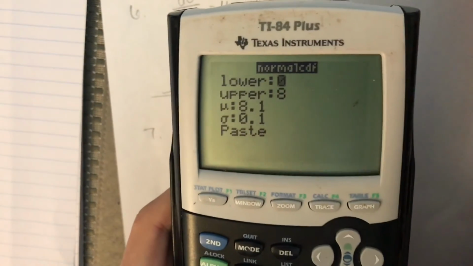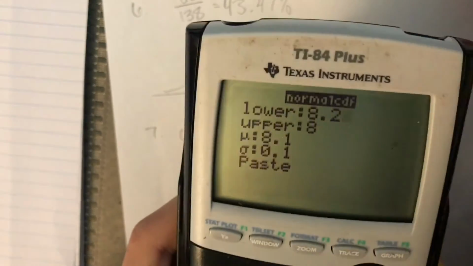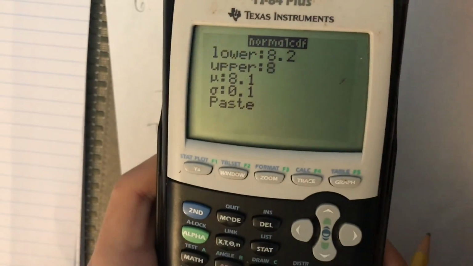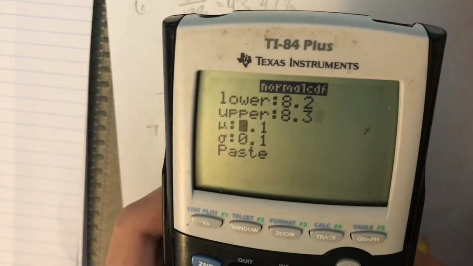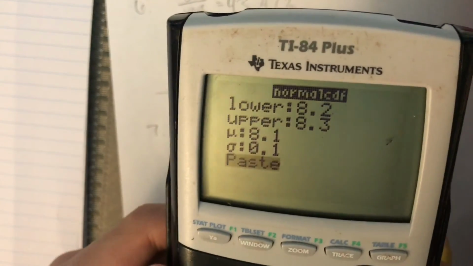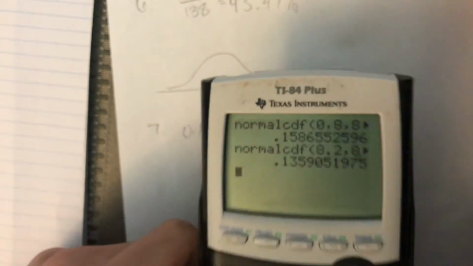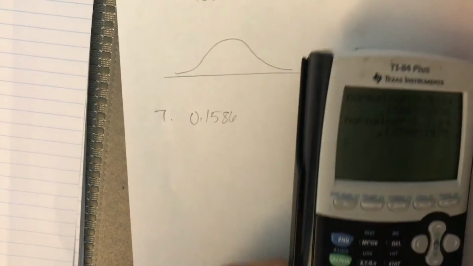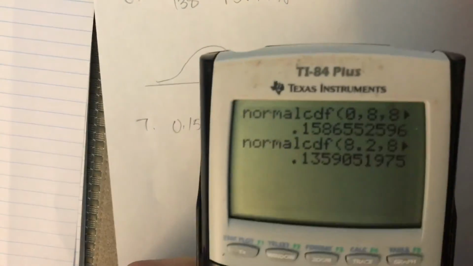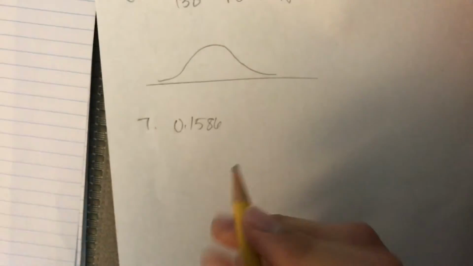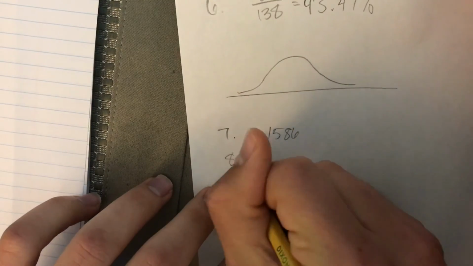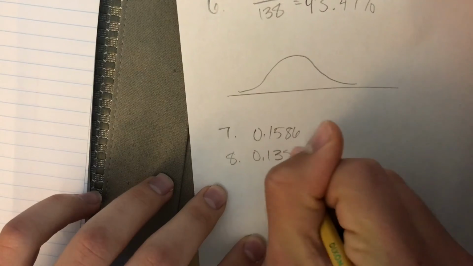Your lower for this one is going to be 8.2, your upper is going to be 8.3, same mean, same standard deviation. Paste, enter, and that's your value for number 8, which is 0.1359.